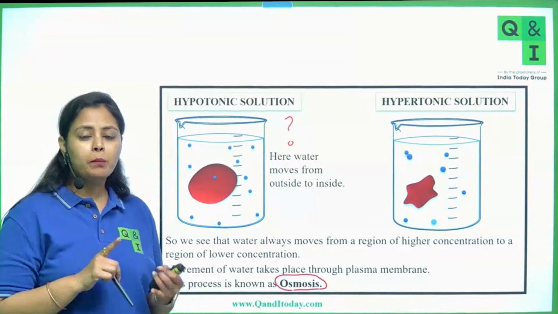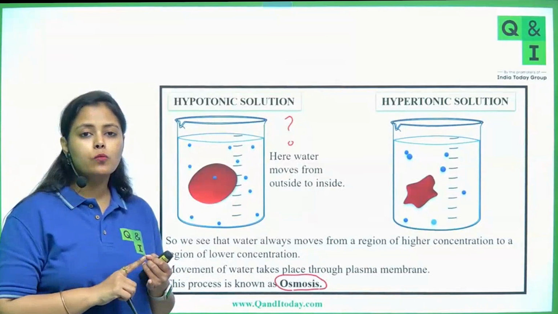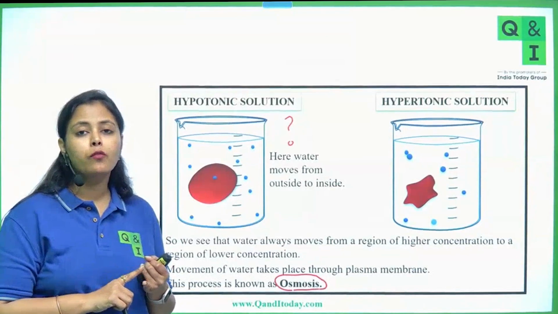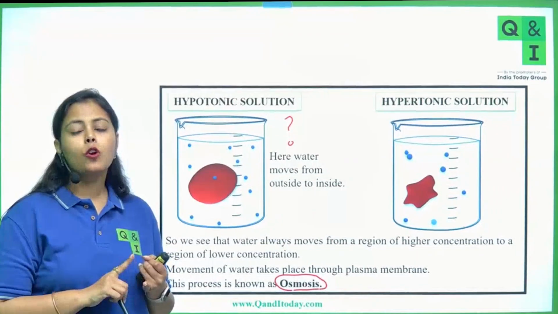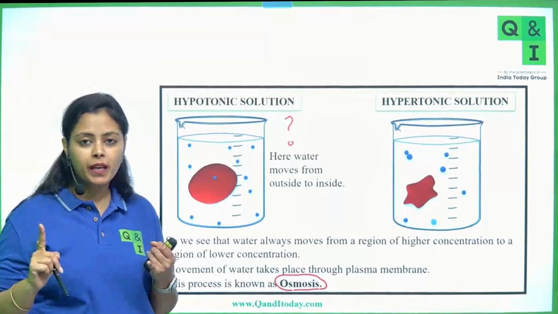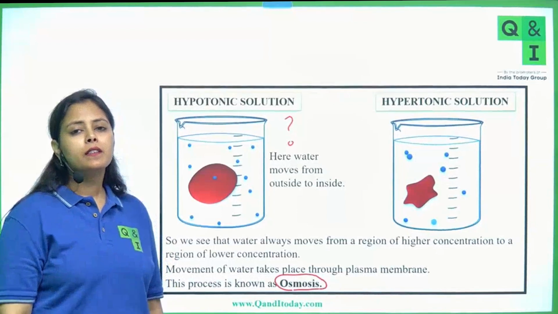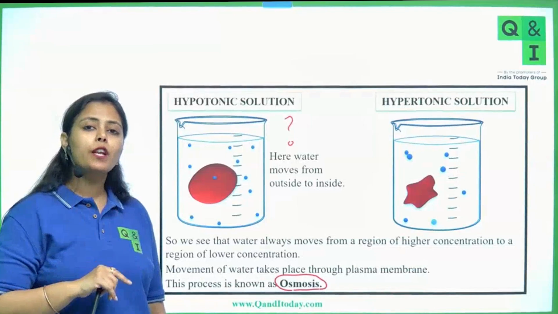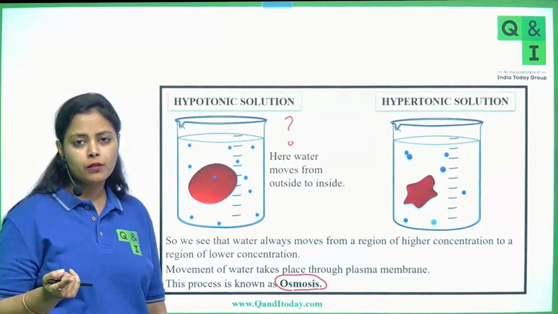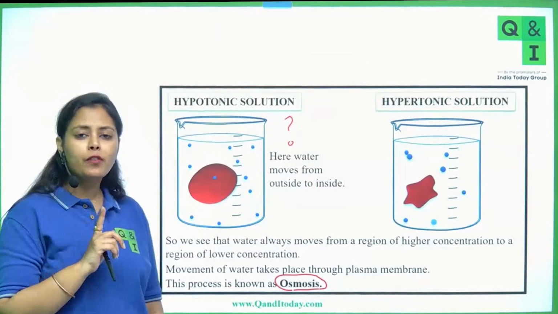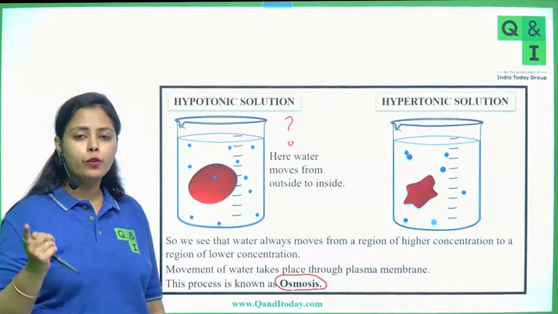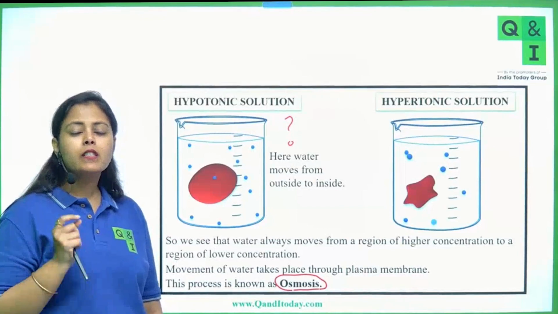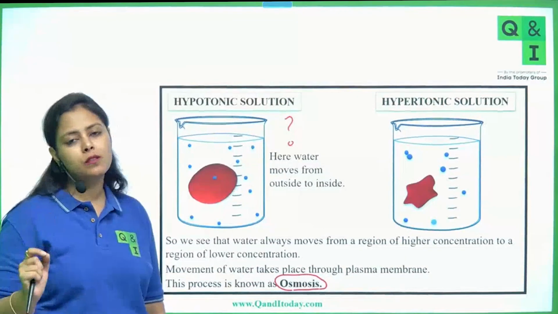Please remember that in osmosis, we always consider the movement of water only across the semi-permeable membrane, from the region of high concentration to the region of low concentration. That is called osmosis.